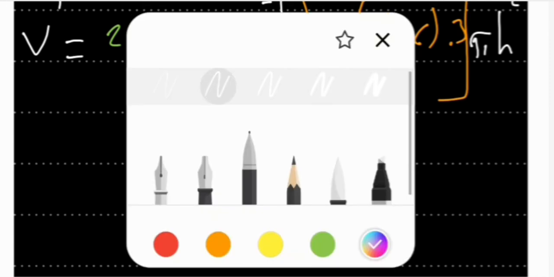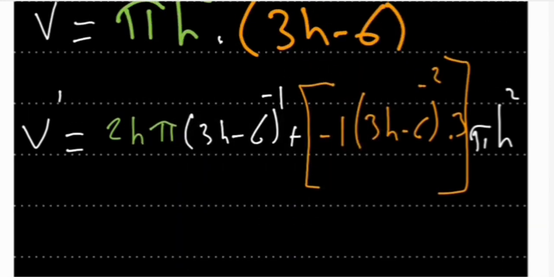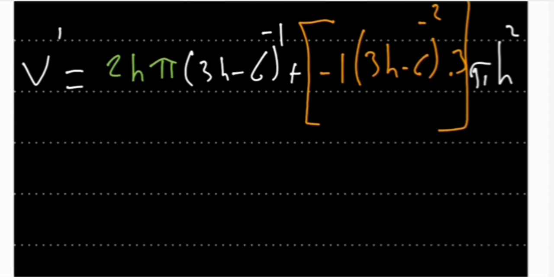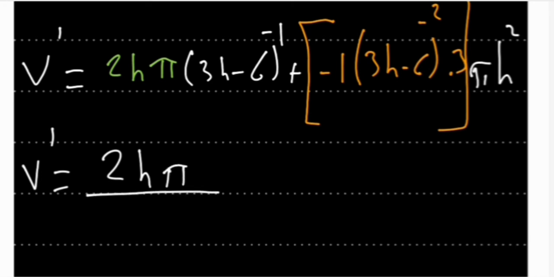So this was this v comma and this is u, okay? So now that we did derive, let's just make our derivative prettier. Remember, our goal is to say that v comma is equal to 0, okay? So 2hp, which is this part over here, divided by, this is to the minus 1, so it is down, right?